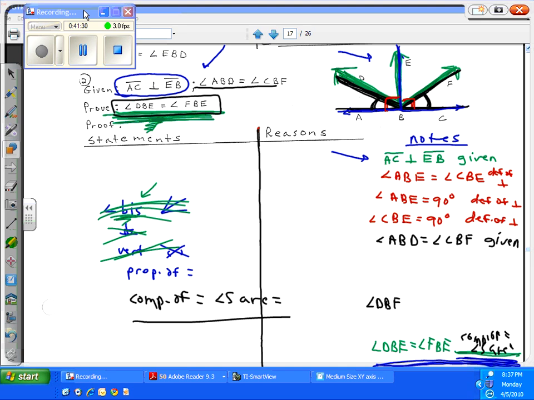So I need a statement that says angle DBE is a complement of something, and angle FBE is a complement of something, and I'm going to have to know that those two somethings are equal.